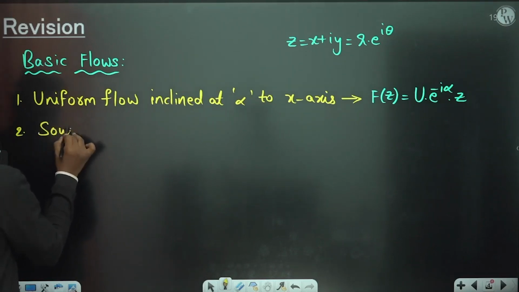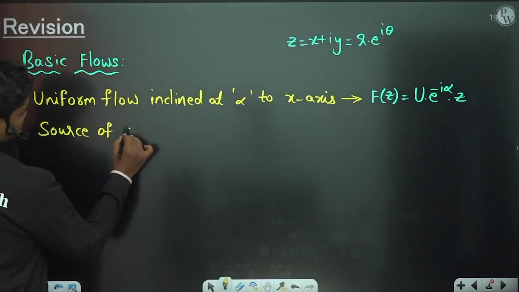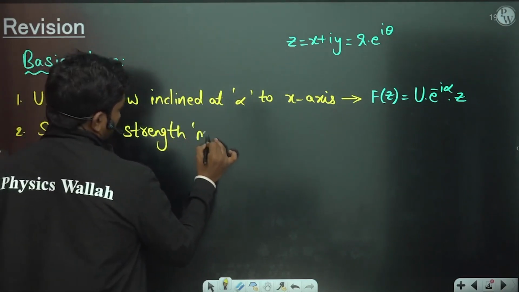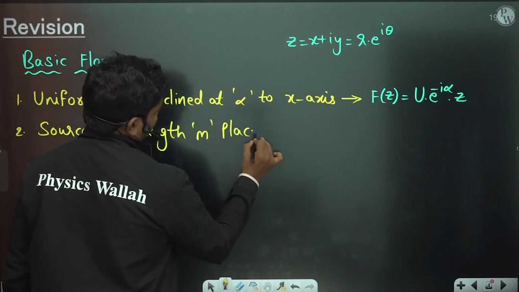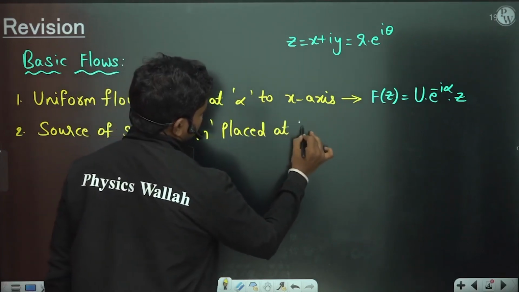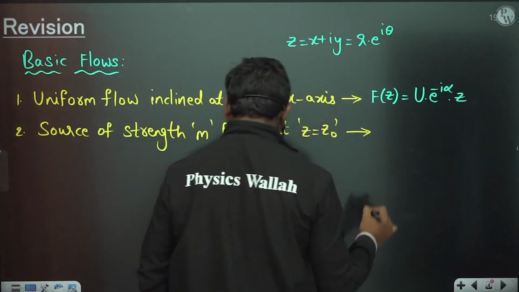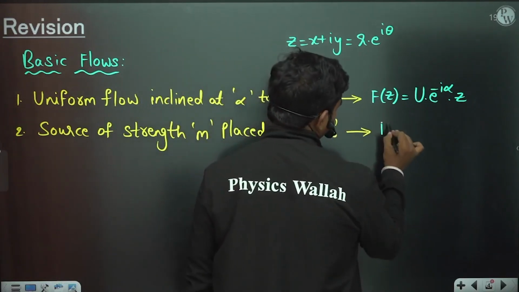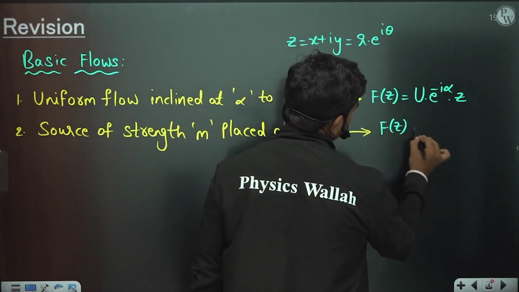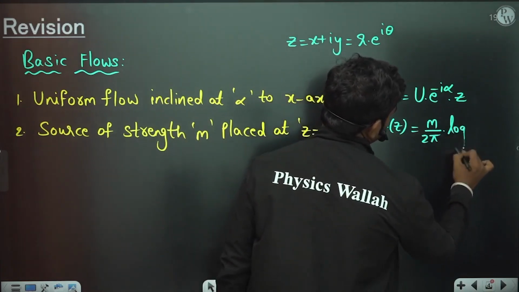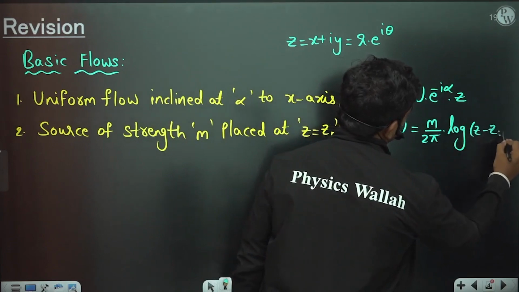Source of strength m, placed at z is equal to z naught. In this case we have seen the complex potential function turns out to be f of z is equal to m by 2 pi log z minus z naught to the base e.